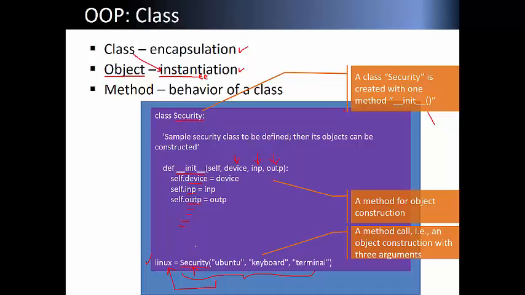Otherwise, every time you have a Linux, Ubuntu, whatever, Windows 7, Windows 10, Windows XP, then you have to create this every time. And not only that, it is inefficient. In this case, you define first, define once, and use many. Otherwise, you have to define this every single time if you don't do object orientation.